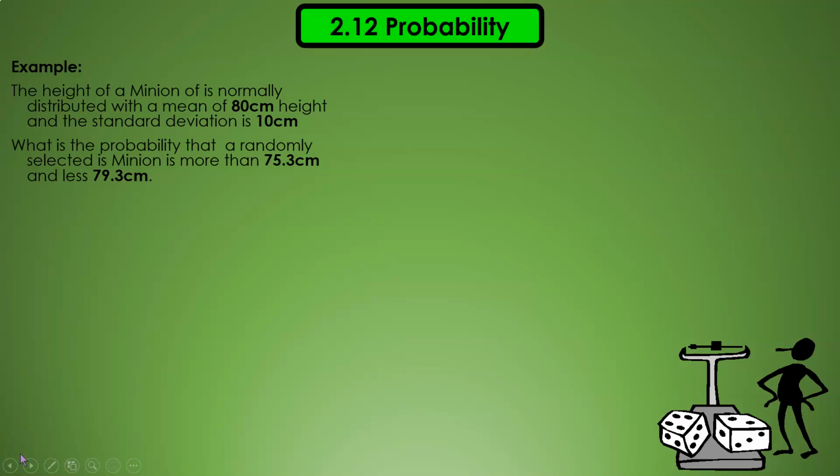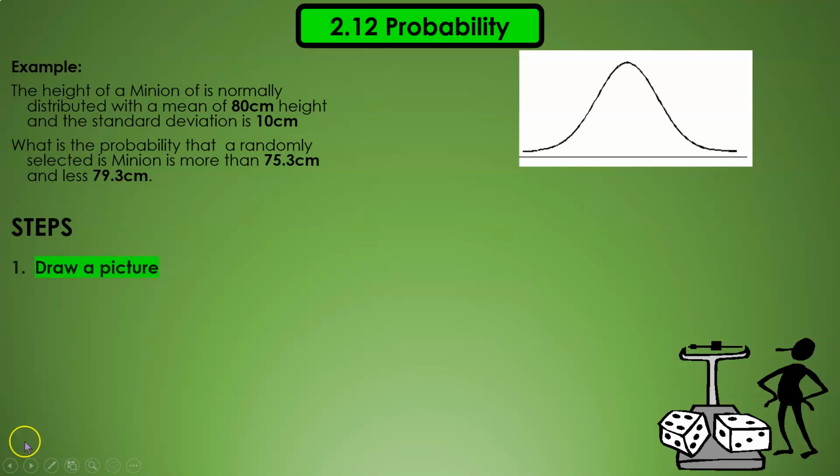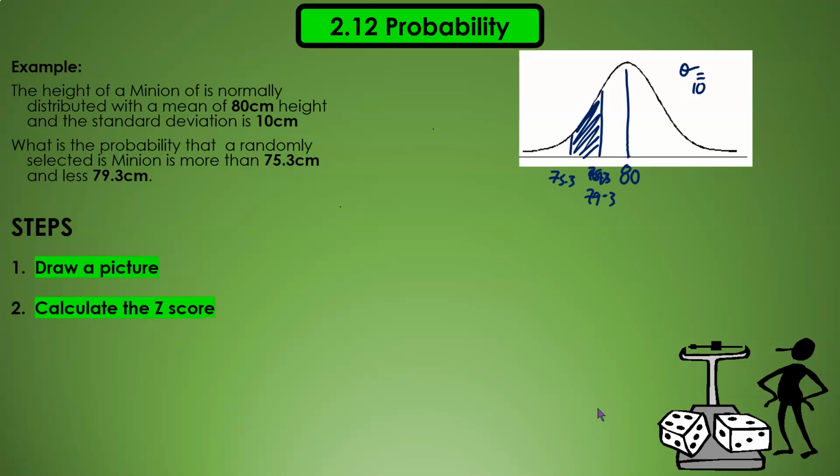Okay, hopefully you gave that a go. Let's go through the steps. So draw the picture. We ended up with a mean of 80, standard deviation of 10. We're looking for the probability between 75.3 and 79.3. So of course, calculate the z-scores.